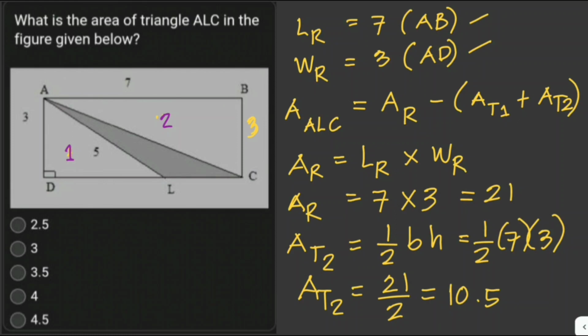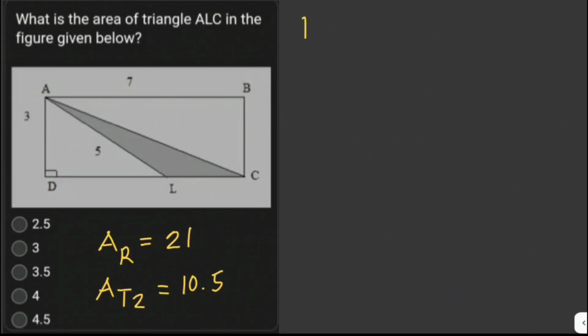Now let's solve for the area of triangle 1. To solve for the area of triangle 1, we need to find the value of one of the legs or the base of this triangle here, which is DL. And how are we going to do that? We use the Pythagorean theorem. Okay, so let's use the Pythagorean theorem.